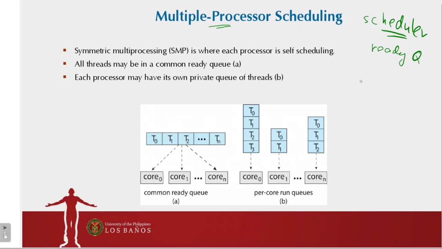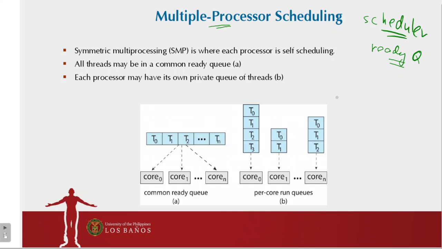In asymmetric multiprocessing, we have a single core dedicated to maintaining the ready queue, and this dedicated processor is the one responsible for accessing this data structure. Somehow there is a master processor that does the job.